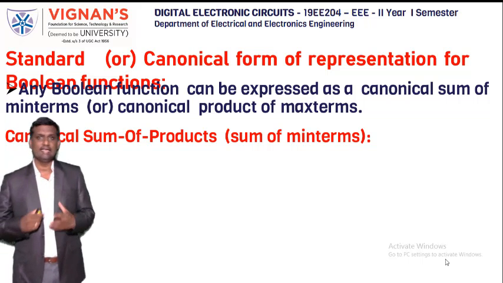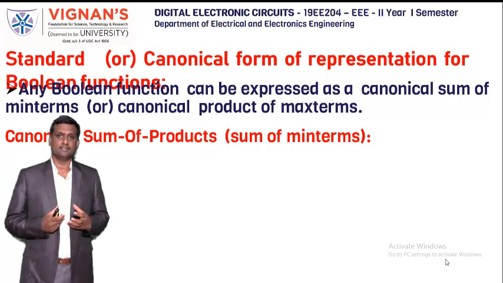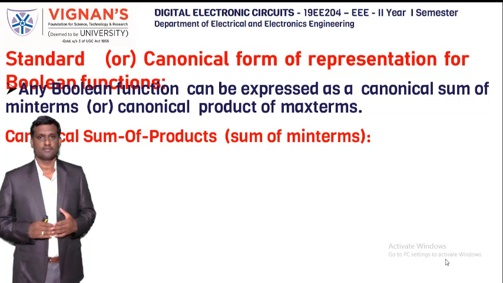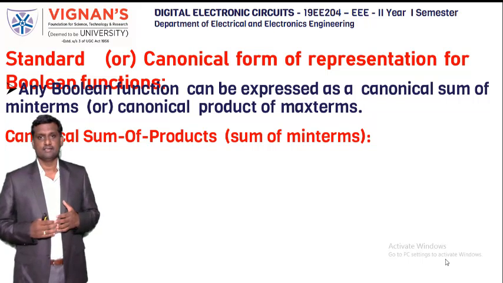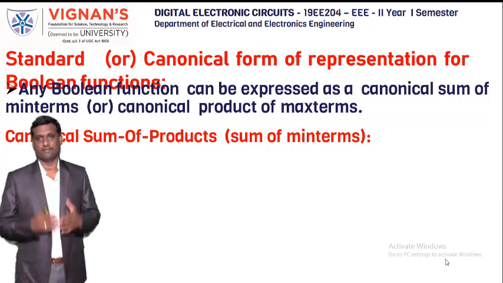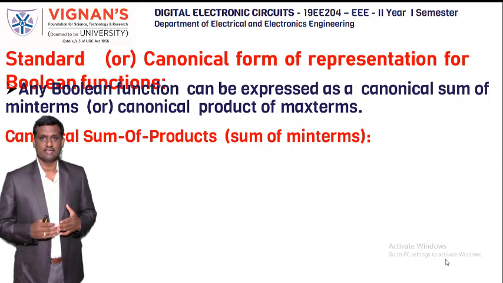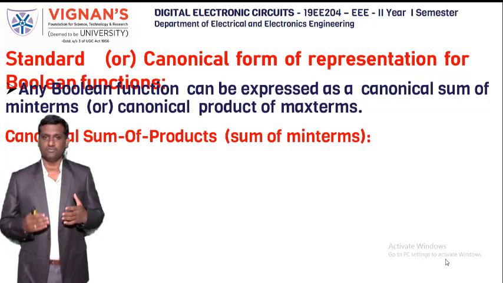Canonical form is nothing but every term of the Boolean function consists of all variables. Every term of the Boolean function should consist of all variables. Such a form is called a canonical form or standard form of representation.